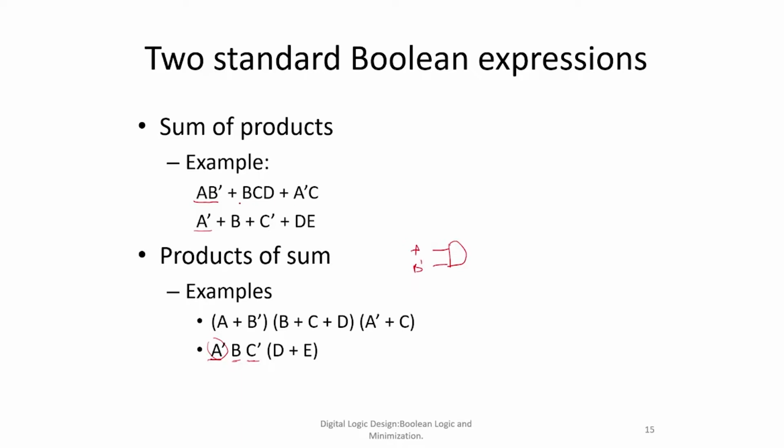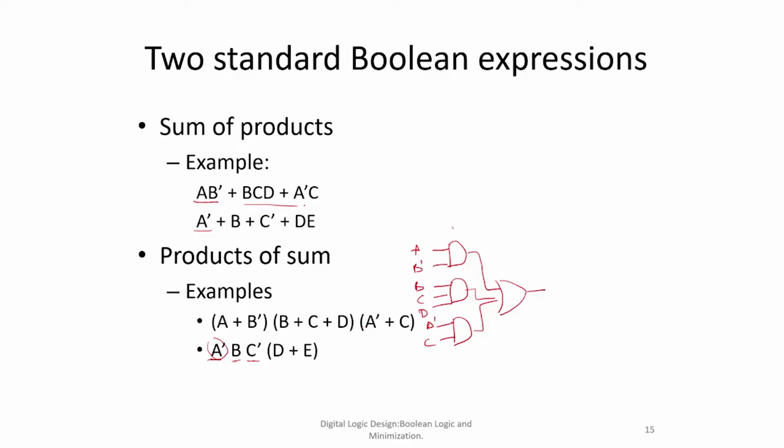We are implementing this one. Another AND gate where B, C and D are the inputs, another AND gate where A dash and C are the inputs, and there could be an OR gate which gives the output. Similarly, all of these product of sum forms can also be represented using two level logic.